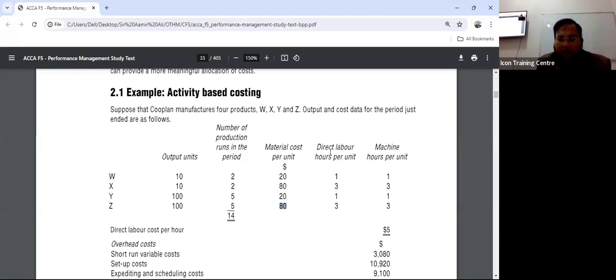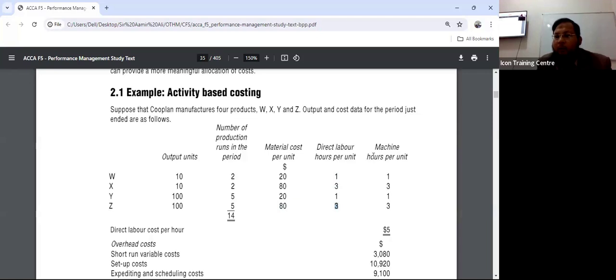Okay, how many direct labor hours per unit are required? In order to produce 1 unit of W, you have to work 1 direct labor hour. In order to produce 1 unit of X, you need to incur 3 direct labor hours, right? For Y, 1, and for Z, 3.